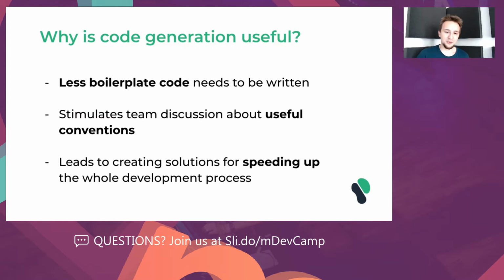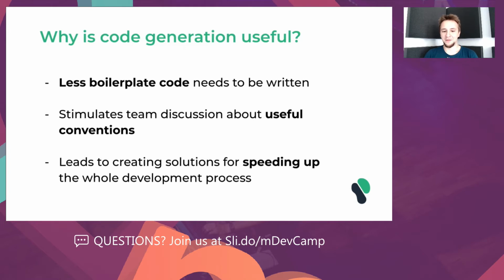All right, so code generation can get you rid of the work of writing boilerplate code. But I think there might be some rather hidden aspects of code generation which are not obvious until someone starts to think deeply about it.